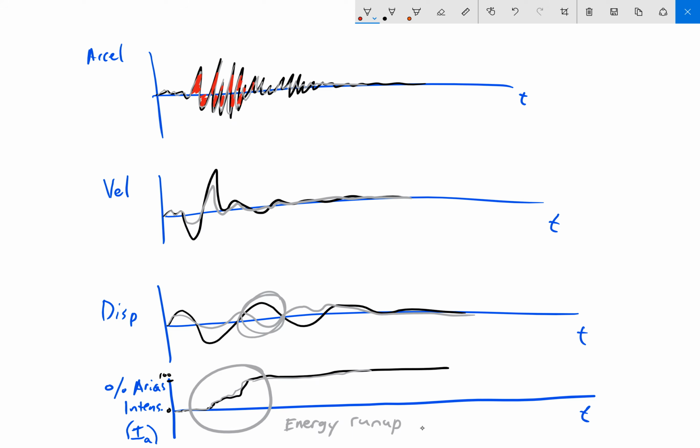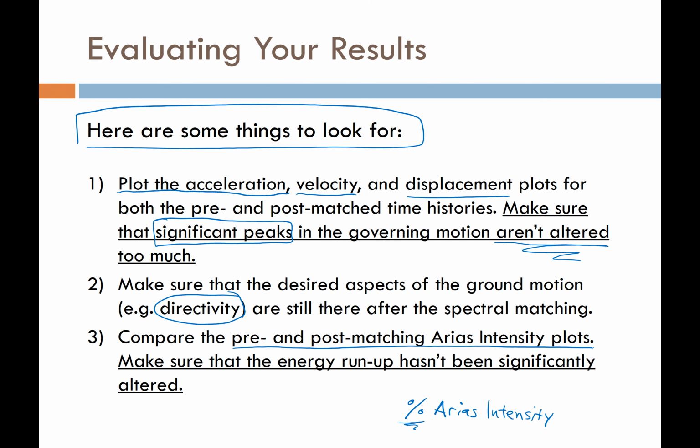So the more loops there are on each side of the x-axis, the more energy is being emitted by the time history. This run-up here is like the integral, or the accumulation, of that energy. That's what Arias intensity is. So those are some of the things we look for.